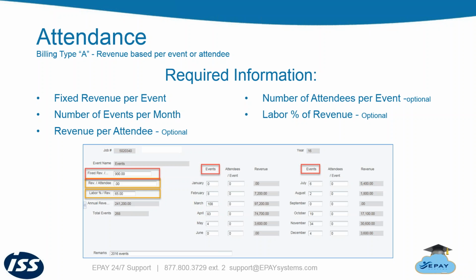Optional fields would be if part of the contract was a certain revenue amount per attendee per event, we can also enter that information. In addition to that, we can also budget a labor percentage of revenue. But again, this is just dependent on the contract with that specific customer, but the required fields are the number of events per month and the fixed revenue per event.